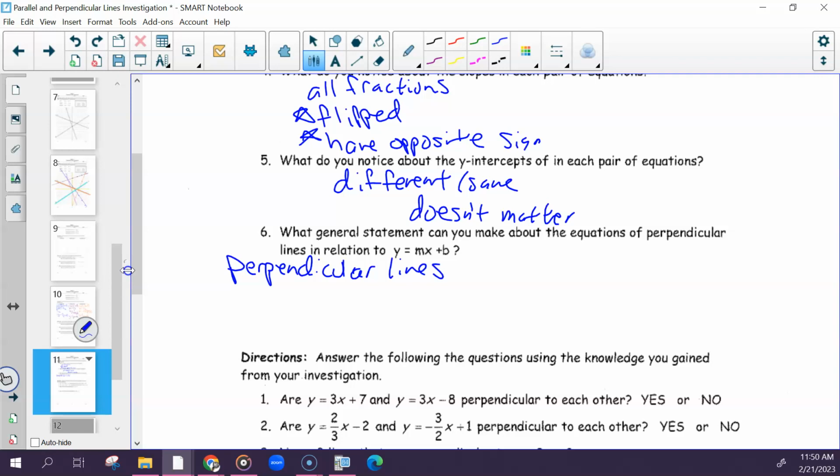What do we know about the slopes? What do we know about the y-intercept? We're just writing that in one big sentence. The slopes are flipped and have opposite signs, and it doesn't matter about the y-intercept.